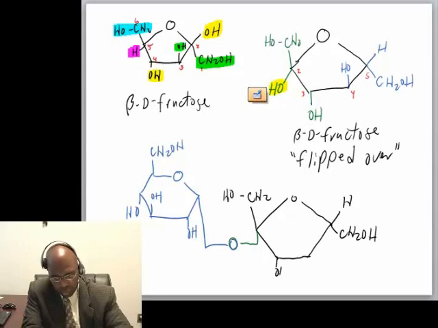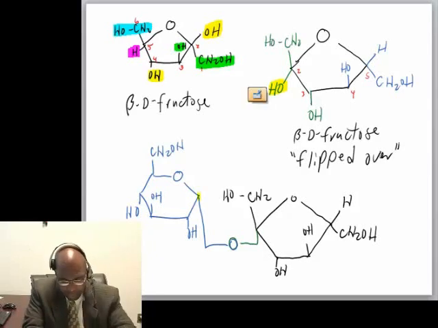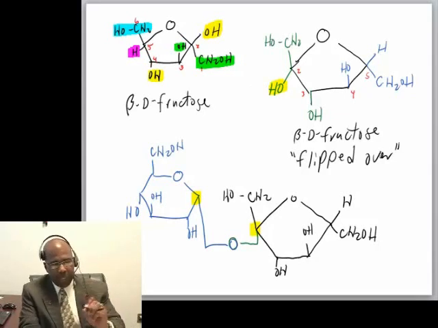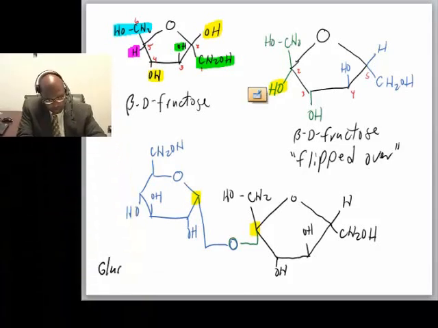CH2OH, OH, OH. Now here, I'm going to highlight the anomeric carbon. That is the anomeric carbon in glucose. This is the anomeric carbon in fructose. So now, let's name this. And the naming is a little different now because we have two anomeric carbons. So this is glucose.